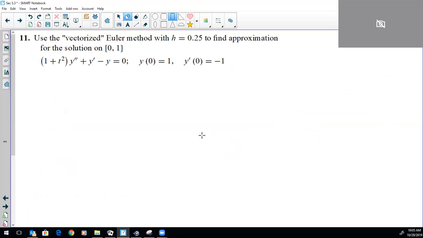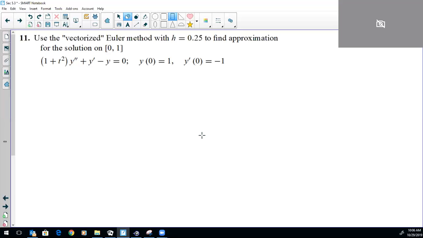Okay, so this is number 11. I chose number 11 in the book because the odd answers are in the back of the book, and these problems are really, really long and messy. So I wanted to make sure I was getting it right. It took me about 4 times to get it right, not because it's hard, it's just that you have to be very careful and you have to be very organized.